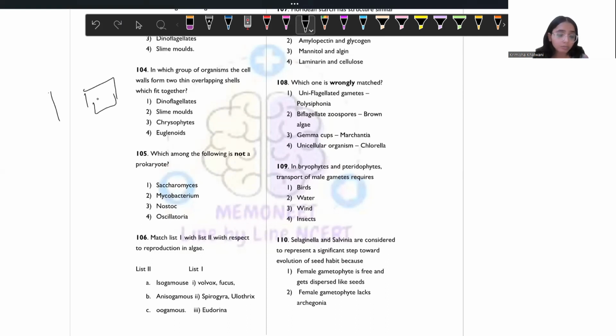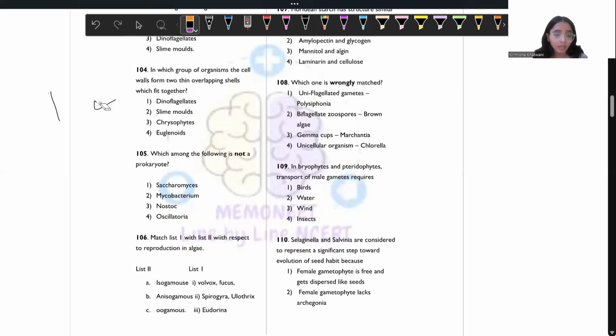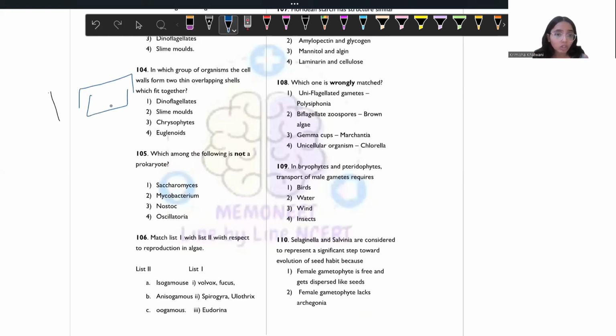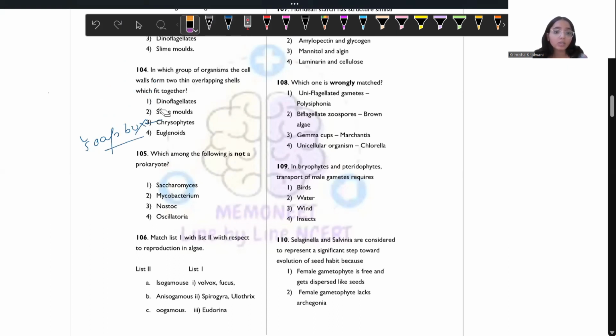It has an epitheca and a hypotheca. The hypotheca fits under the epitheca, and both are thin overlapping shells which fit together, giving an appearance of a soap box. That is why the answer is option 3, chrysophytes, which come under kingdom Protista.